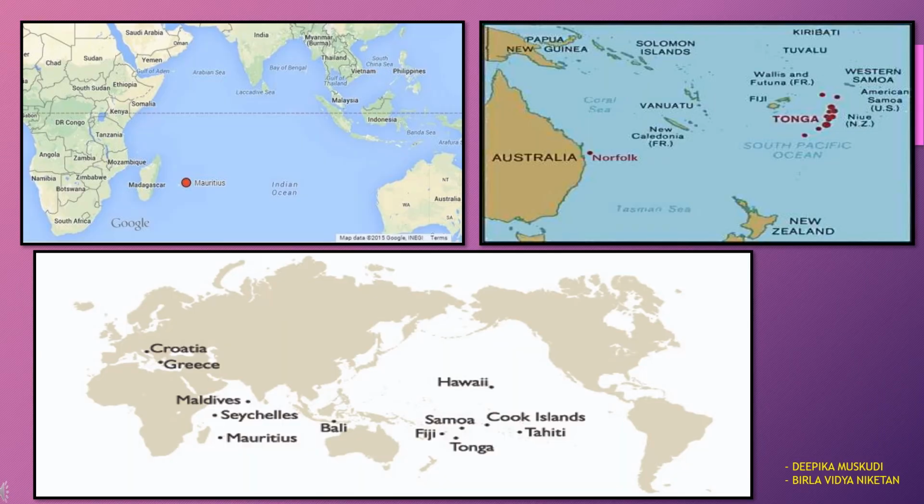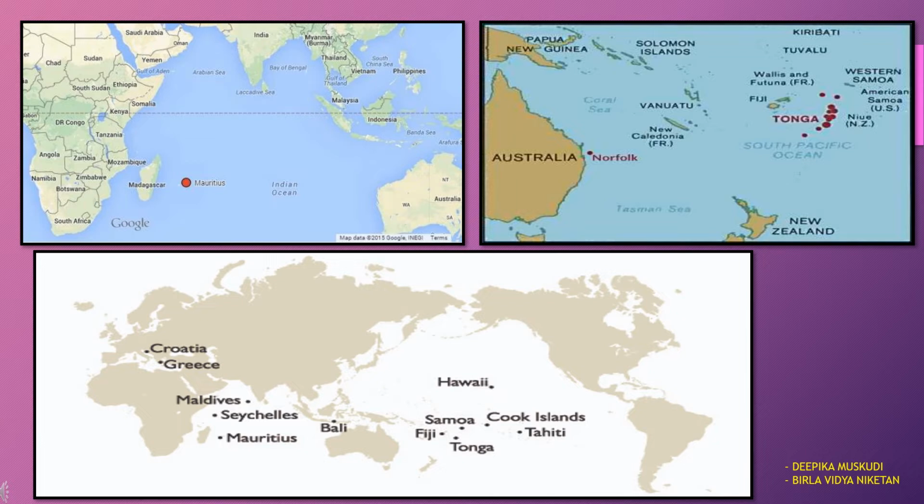To fix the position of a place, it is necessary to know something more than the latitude of that place. You can see, for example, that the Tonga Islands in the Pacific Ocean and the Mauritius Islands in the Indian Ocean are situated on the same latitude. As you can see on the screen, they are marked with the red color.